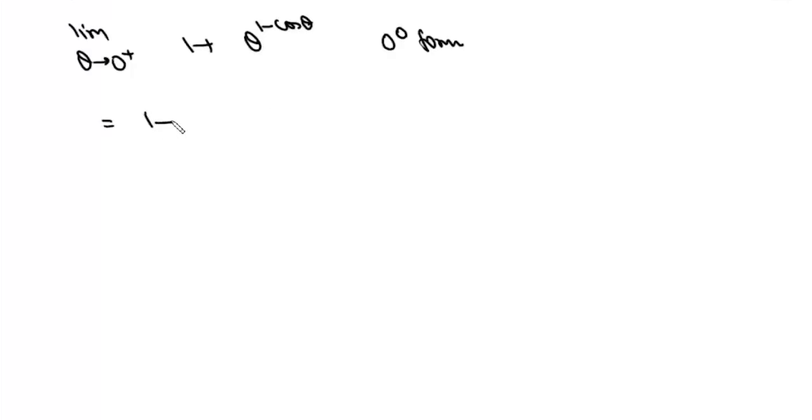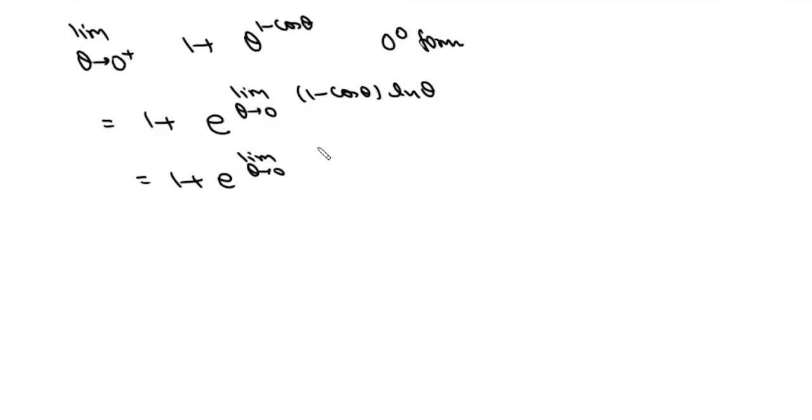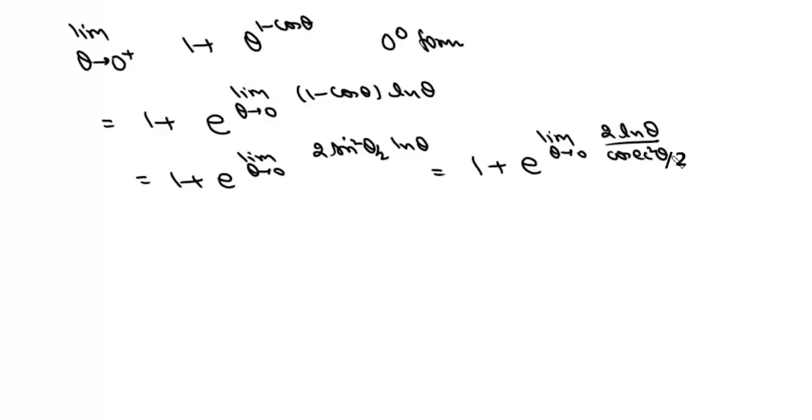Now we can write this as 1 plus e to the power limit theta tends to 0 of (1 minus cos theta) into log theta, and we can write 1 minus cos theta as 2 sine square theta by 2 into log theta, which we can also write as 1 plus e to the power limit theta tends to 0 of 2 log theta upon cosec square theta.